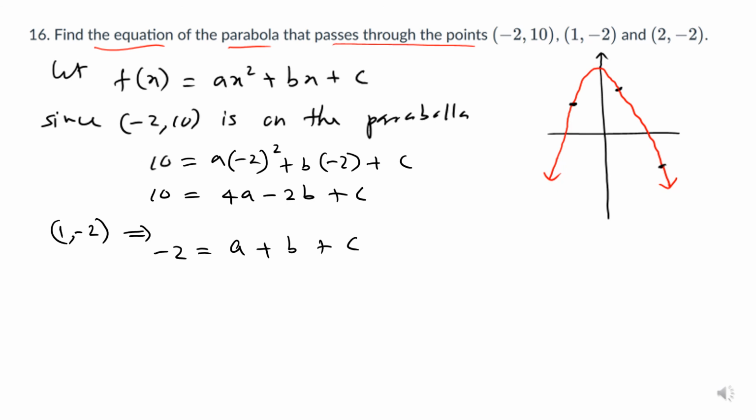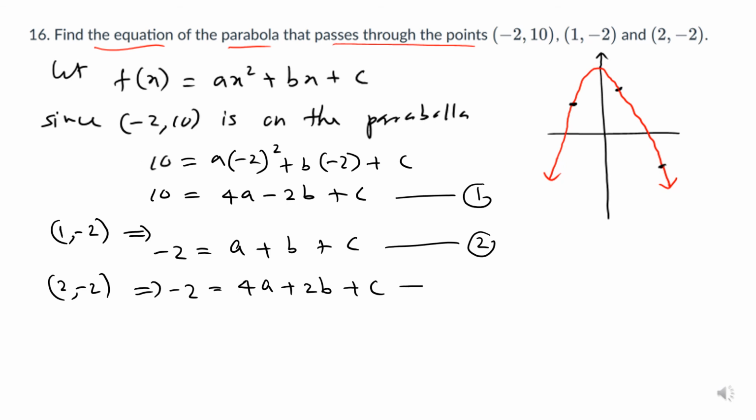And the point (2, -2) says that we have -2 = 4a + 2b + c. Now we have these 3 equations, and we're going to solve these 3 simultaneous equations.